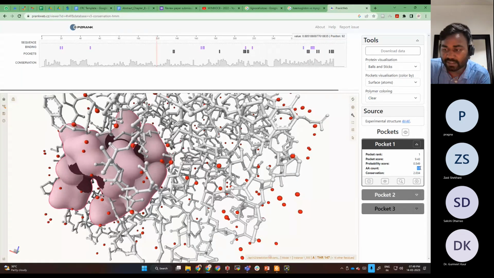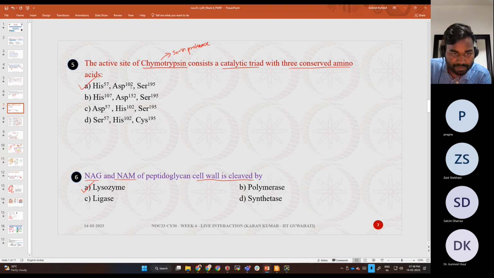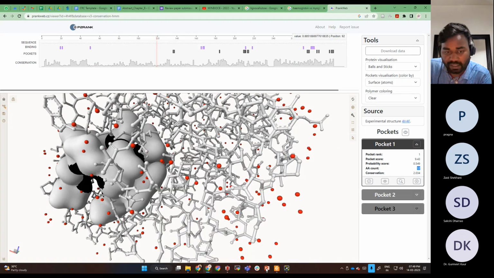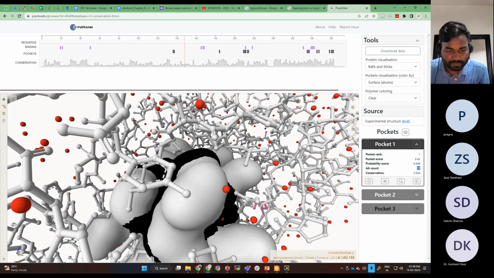But the catalytic residues are serine 195, aspartic acid 102, and histidine 57. The rest are there for stabilizing, making hydrophobic or hydrophilic bonds to keep the protein chain in its place. So this is how you visualize the binding pockets.